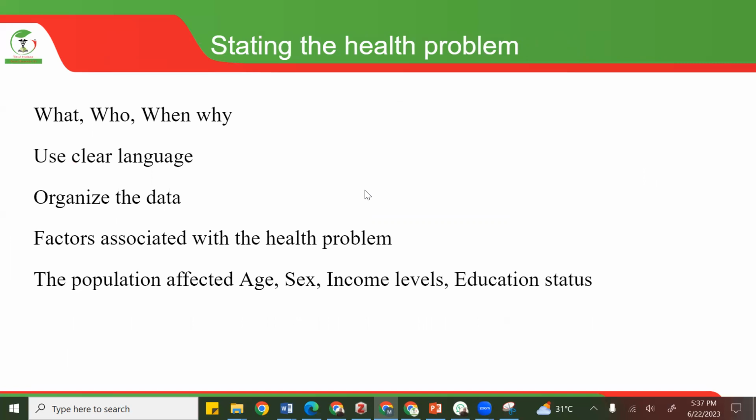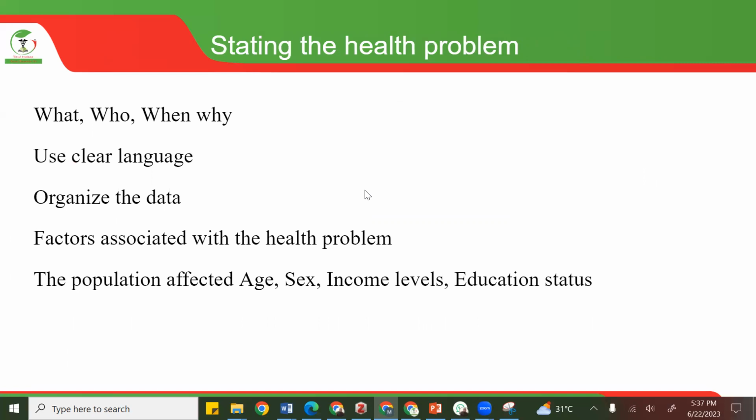So, for example, if you have identified the health problem, let us say the problems are as follows. One, we have numerous cases of, or an increment in the cases of diarrheal conditions. Okay, that's one problem.